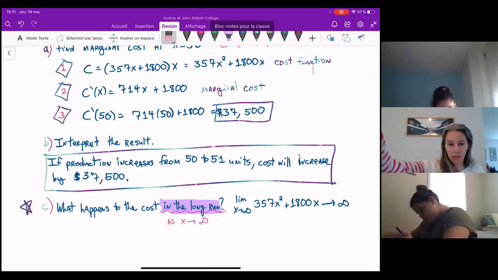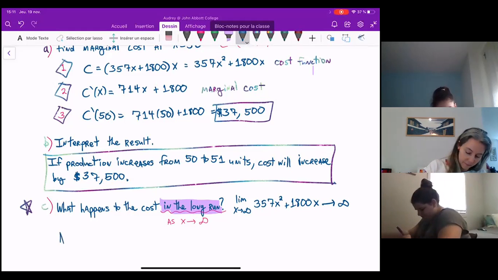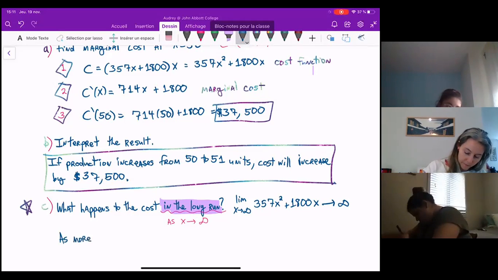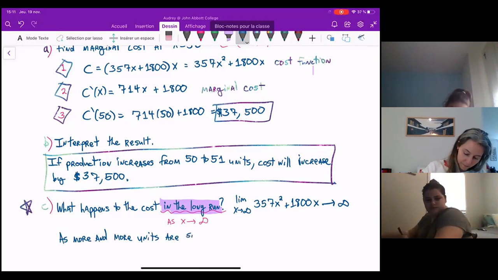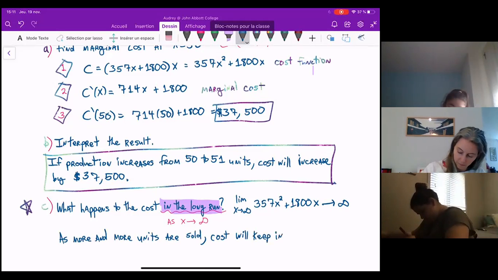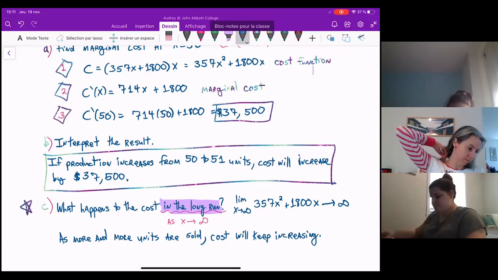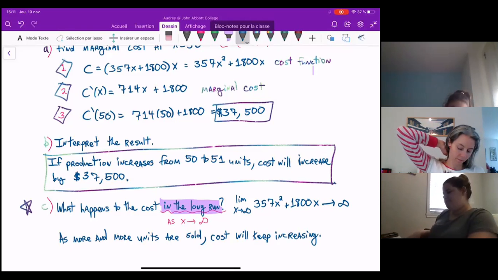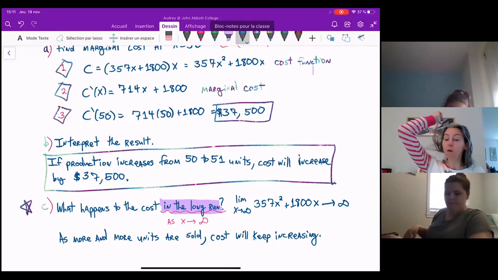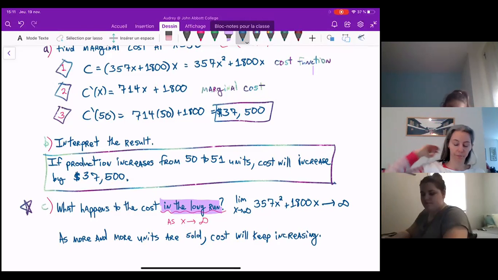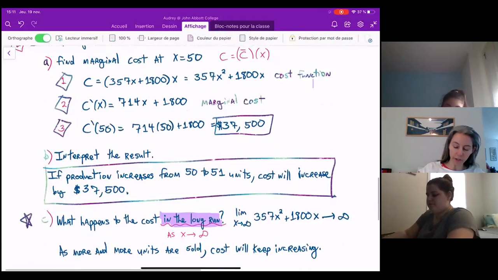It will keep increasing. And it's just going to keep getting more and more expensive to make these cars. Okay, are there any questions about that?